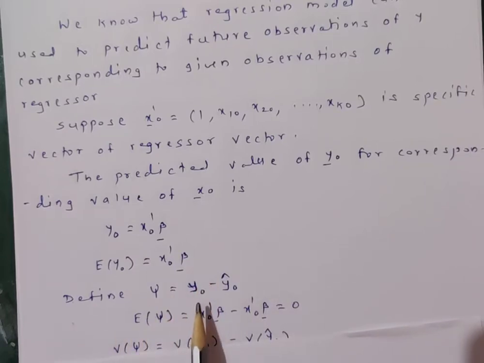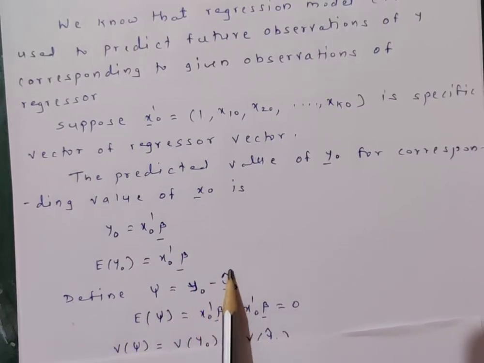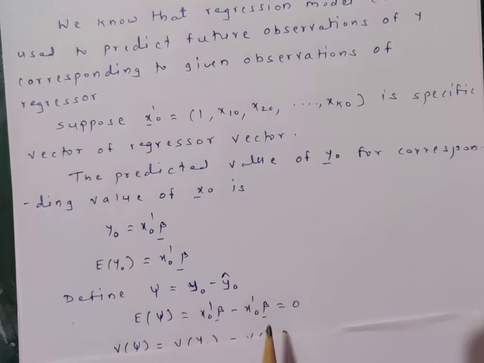Define psi equal to y0 minus y0 hat, that is, actual value minus predicted value. So the expectation of psi is x0 prime beta minus x0 prime beta, which is equal to 0. That is the mean of psi.